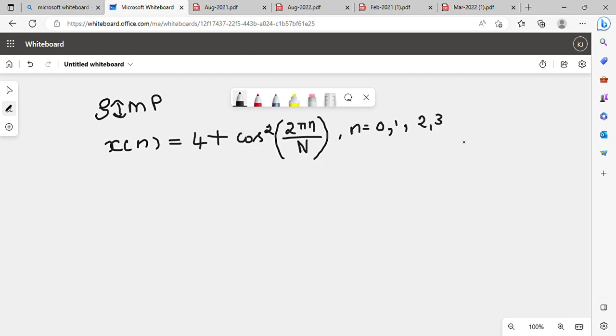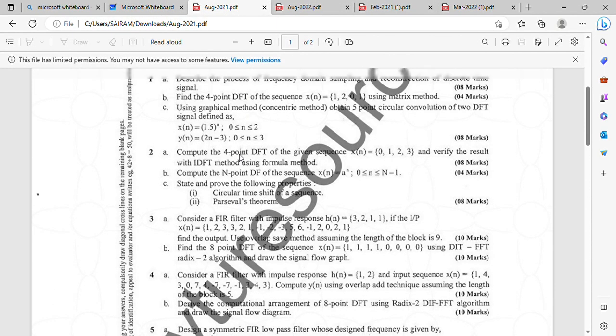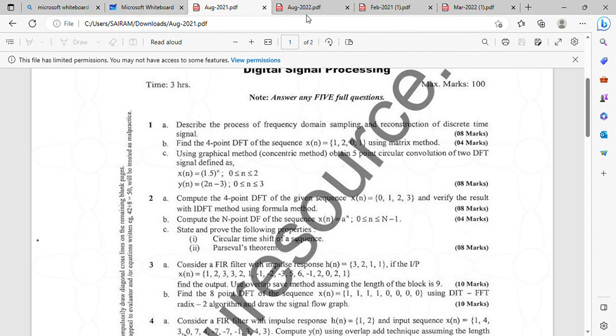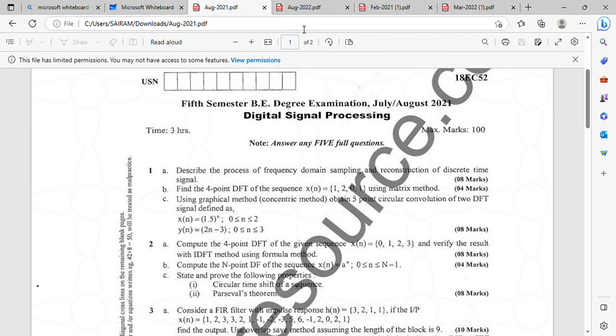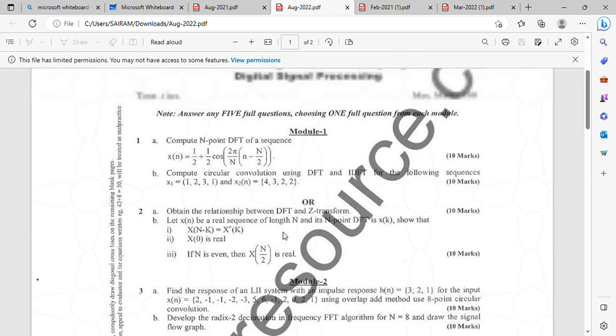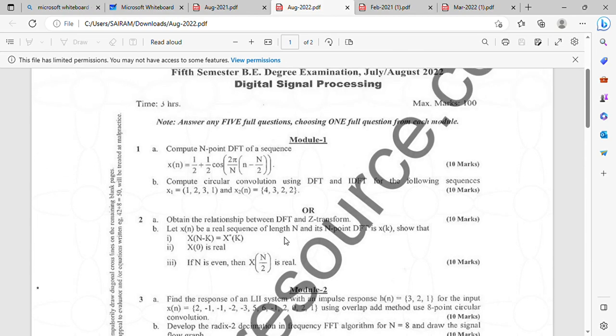See here, I'll just showcase one question paper. This is the question paper of the open choice, I guess. Okay, so now here this is 1 and 2, comprising module 1.